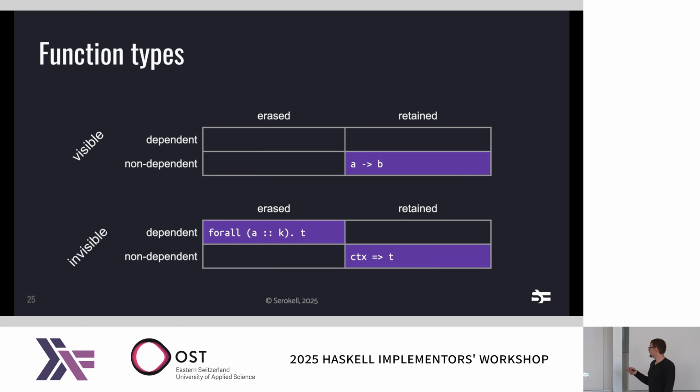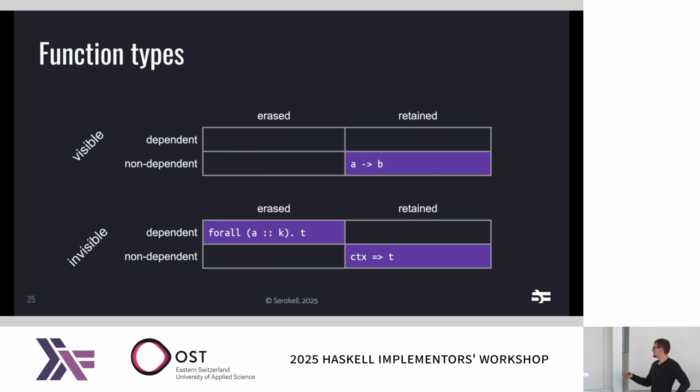It is not dependent because the value will not be mentioned. There is no name for it in the rest of the type for the function arrow, so the value of this argument will not be mentioned in B ever. There is just no syntax for that. And it is retained because the function argument will be passed at runtime.